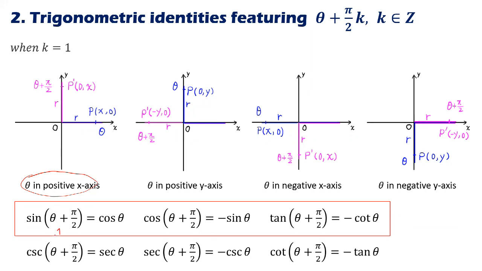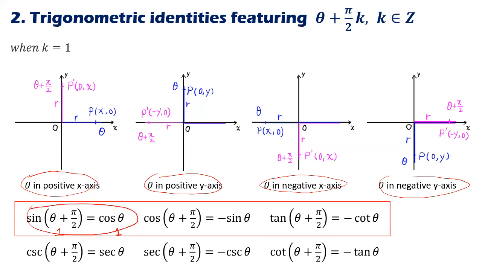And note here, cosine theta is also 1. So this expression holds true for theta on the positive x-axis. And you can also check if theta is on the positive y-axis, negative x-axis, or negative y-axis. This expression also holds true for the other cases. So we have proved that for any theta in the domain, we always have sine theta plus half pi equals cosine theta. You understand?